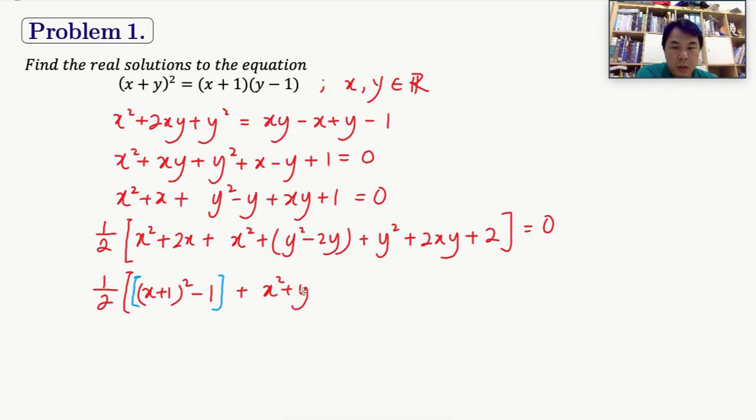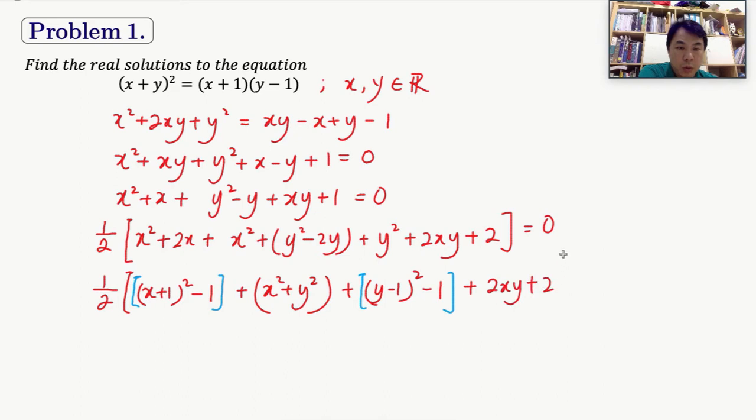We can't do anything, so I'll just combine them together. And then here we can perform the completing the square, for instance. And then yet there is another 1 there, so I'll put another bracket across where I have completed the square in this case.